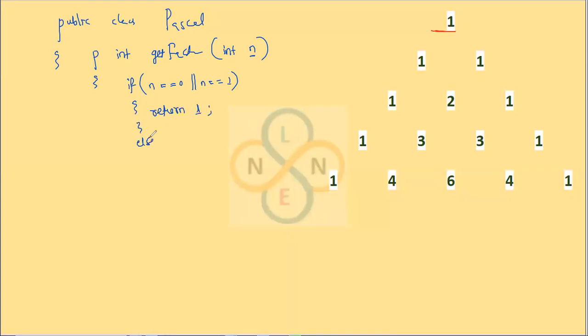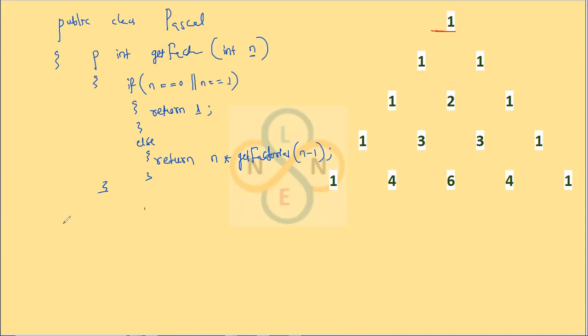Then in the else part, we are supposed to return the recursive factorial call, that is n into the same function has to be called but with one less number. So getFactorial of n minus 1. This is the else part, written with curly braces or without curly braces, no issues. Then end of the method. So this is the first part.